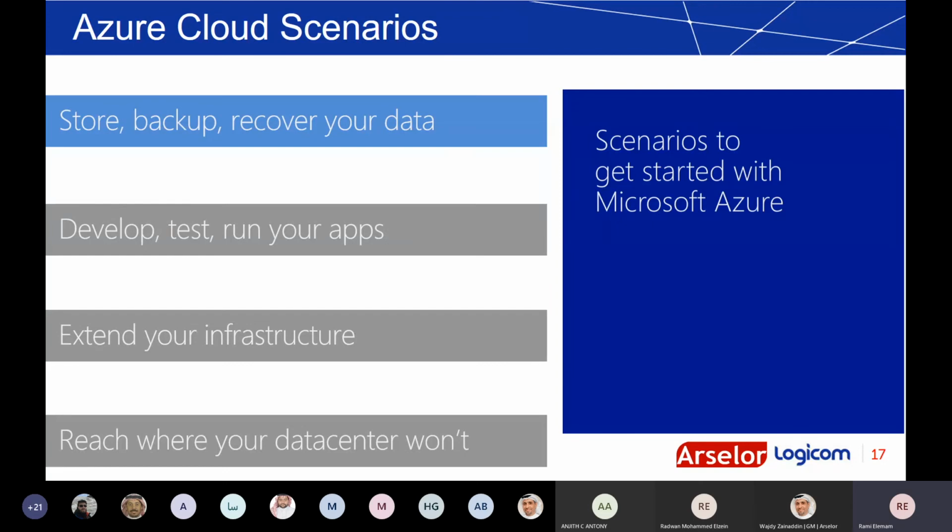So if you have an on-premise environment and on-premise data center, you can back up this data center on Azure, and you can use disaster recovery on Azure. If you have your main site, you can have a DR site on Azure.